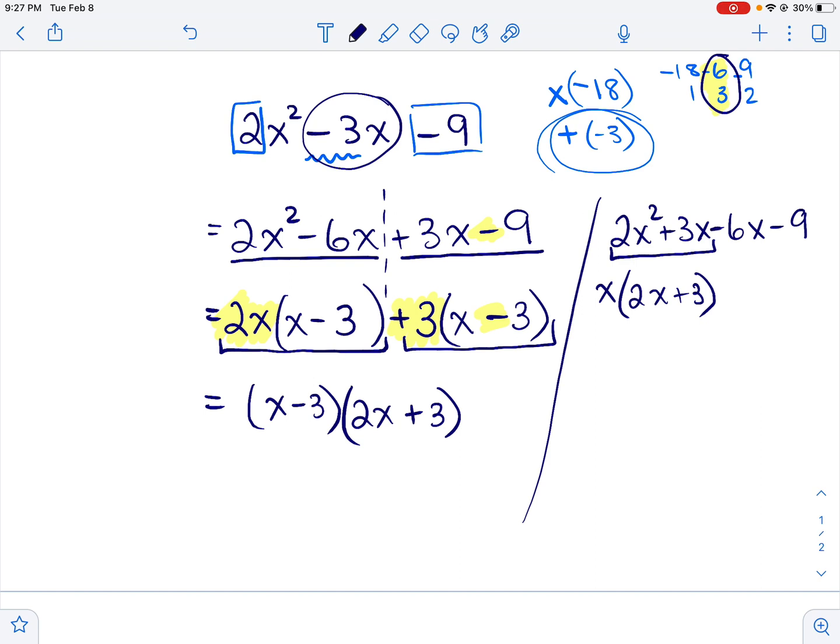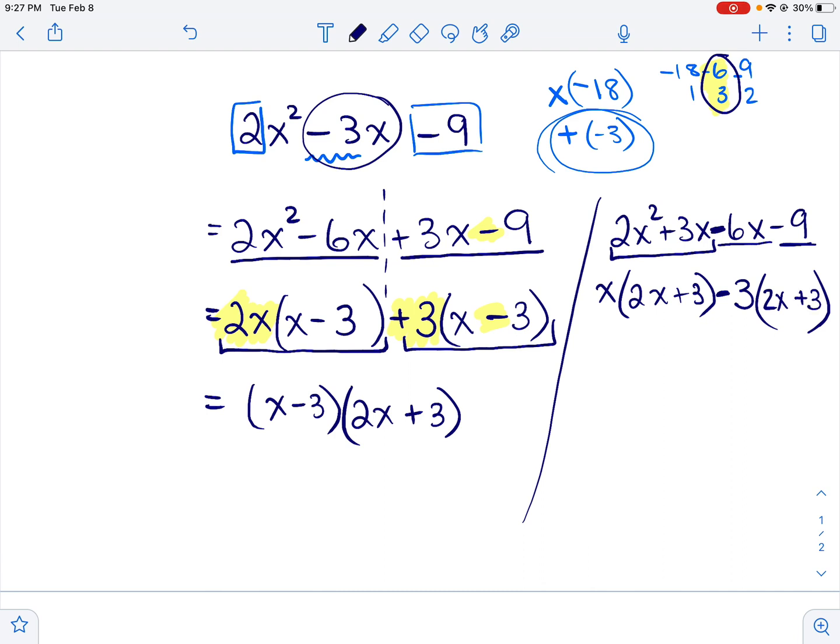Because there's a minus sign right here, I'm going to factor out a minus 3. But then here's where the tricky part is. Negative 6x divided by negative 3 would be positive 2x, and then negative 9 divided by negative 3 would be positive 3.